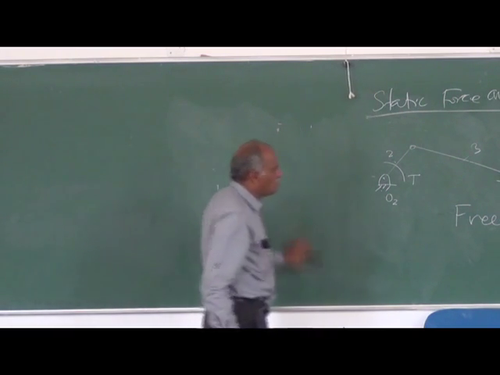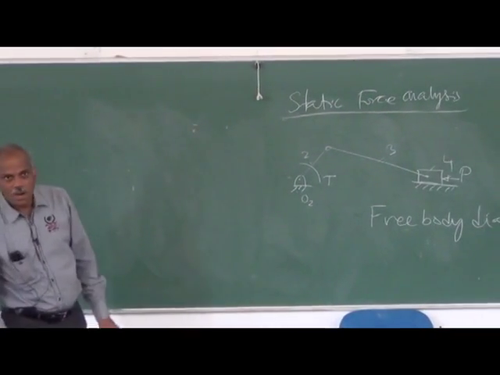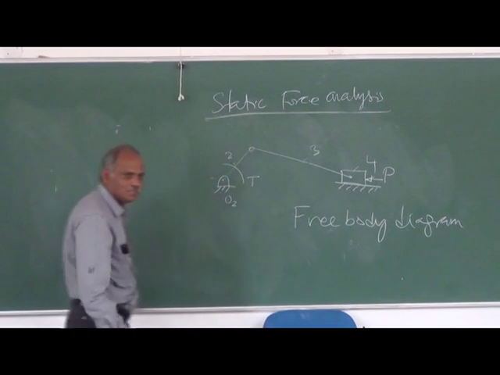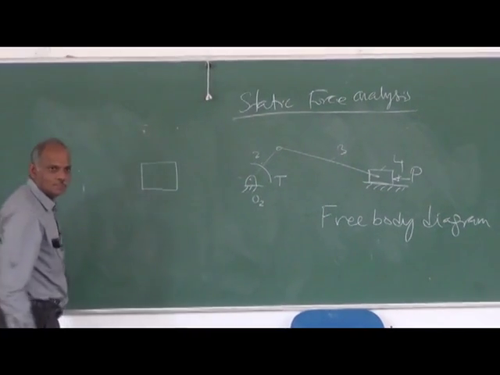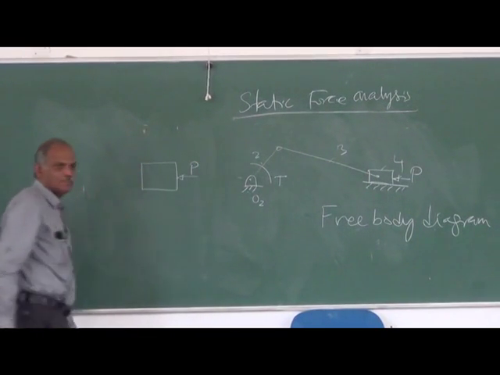Now, how to solve this problem? You draw the free body diagram of each link. So draw the free body diagram of the piston. We know that there is a force P acting.